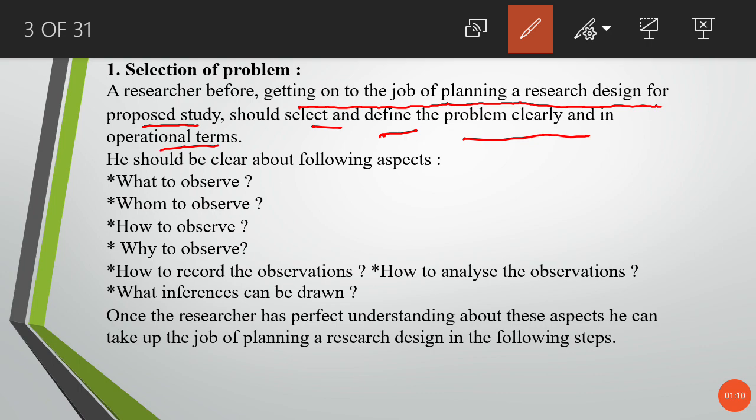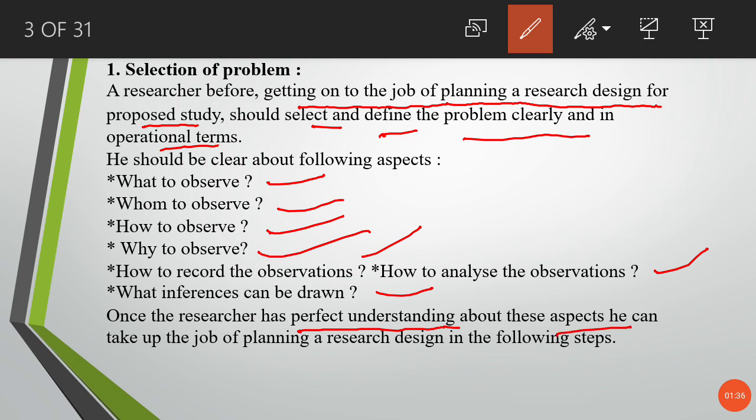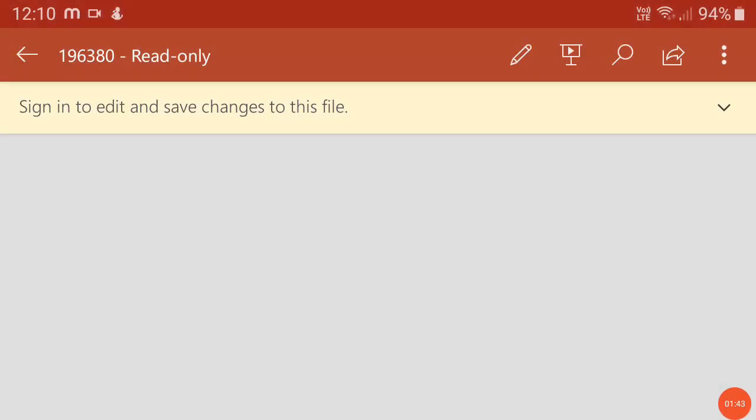We should be clear about following aspects: what to observe, whom to observe, how to observe, why to observe, how to record the observation, how to analyze the observation, what inferences can be drawn. Once the researcher has perfect understanding about these aspects, he can take up the job of planning a research design in the following steps.